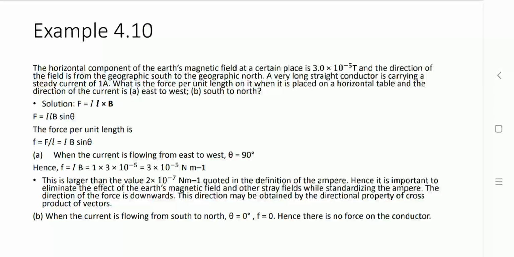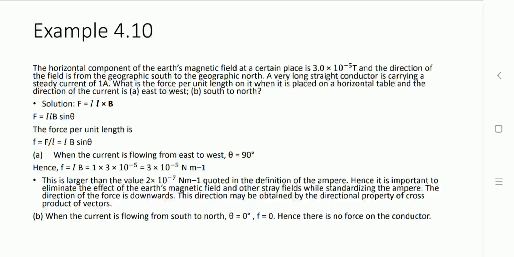So F is equal to I into B. I is given as 1 ampere, and the magnetic field magnitude is 3 into 10 raised to minus 5 Tesla. So the force is 3 into 10 raised to minus 5 newtons per meter. That is much larger than 2 into 10 raised to minus 7 newtons per meter, so the earth's magnetic field can be avoided.